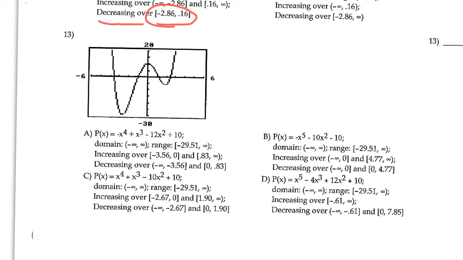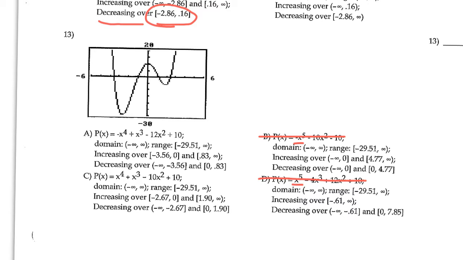Okay, on number 13, we are going to definitely be able to eliminate B as a possible option because of the negative odd degree, knowing the end behavior should go in opposite directions. It does not here, so B is out. We could eliminate D because odd degree should go in opposite directions. This does not. D is out.